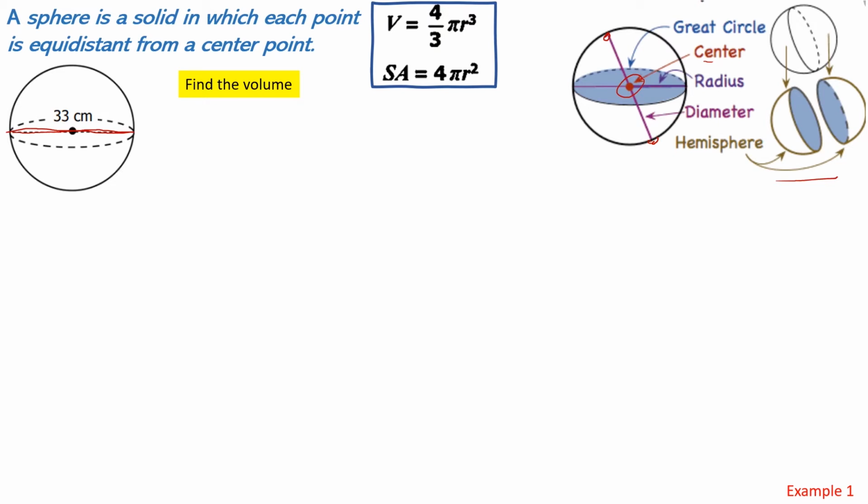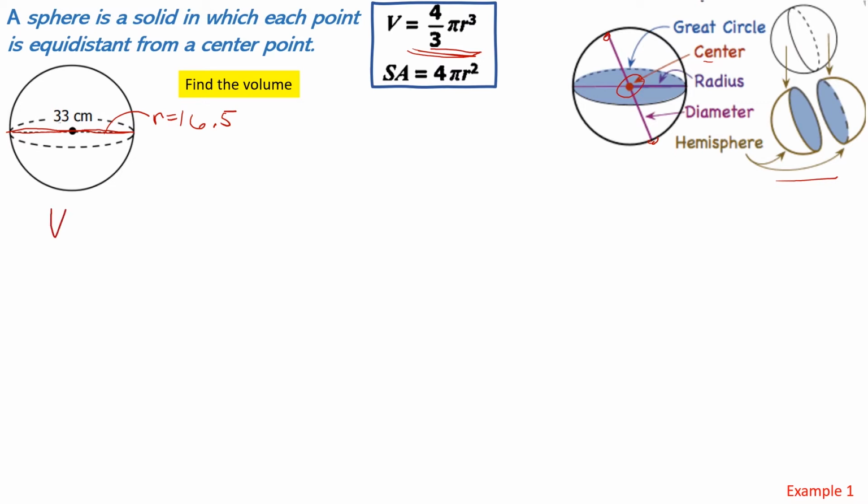For the volume, we're using volume equals 4/3 times pi times r cubed. And so we want the radius. The radius is half of the diameter. I've divided 33 by 2 and got 16.5.